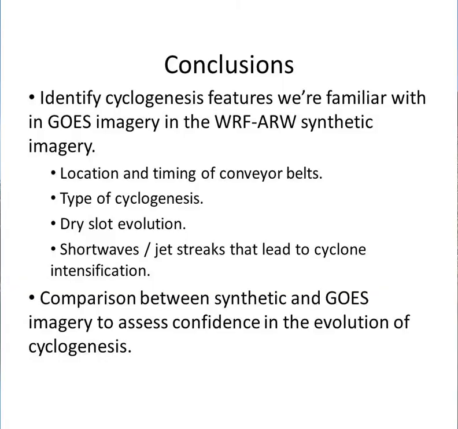In conclusion, we identified cyclogenesis features that we're familiar with in the GOES imagery in the WRF ARW synthetic imagery. There are some differences, as we talked about, but if you stay focused on the various features here that are related to cyclogenesis, such as the conveyor belts, the location and timing of the conveyor belts, the type of cyclogenesis and how that's evolving, the evolution of the dry slot, and also looking at shortwaves and jet streaks that can lead to cyclone intensification.